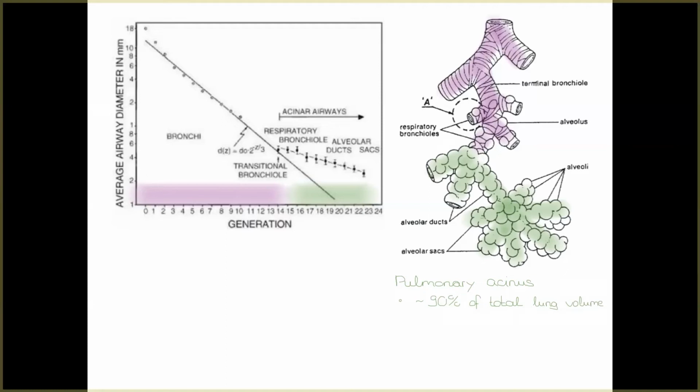And they make up about 90% of the total lung volume. That's important to remember. So the lung volume should be mostly used for gas exchange and not for distributing the air. And the lower generation branches, that is the conducting region, only occupy about 10% of the total lung volume.